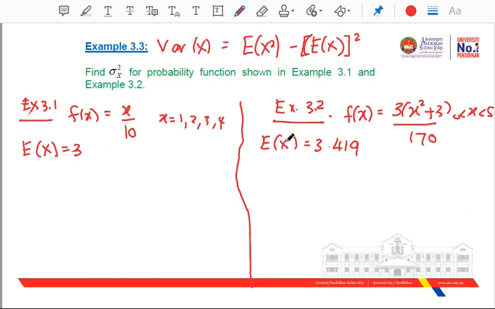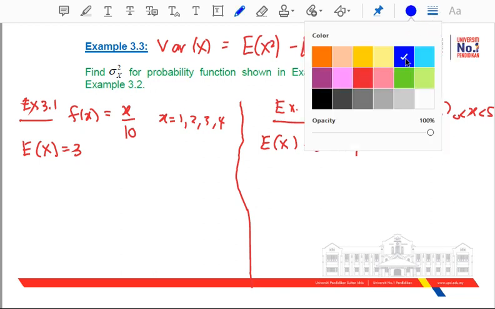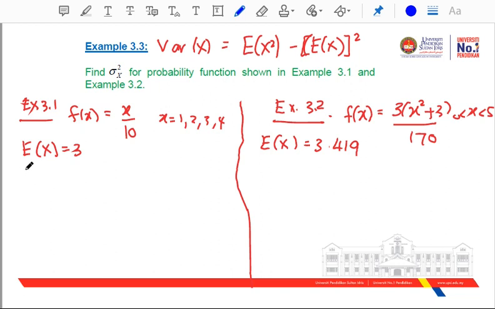We already know E(x), but we don't have E(x squared), so we need to find E(x squared). Remember 3.1 is discrete, 3.2 is continuous. So keep that in mind. So first thing you need to find is E(x squared).